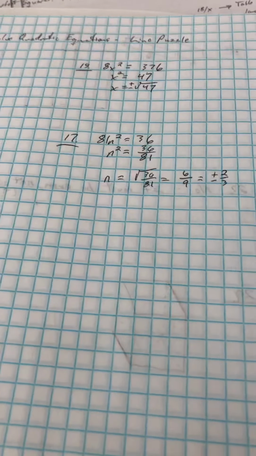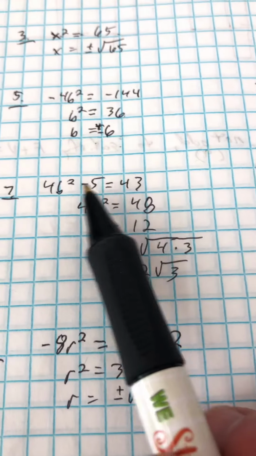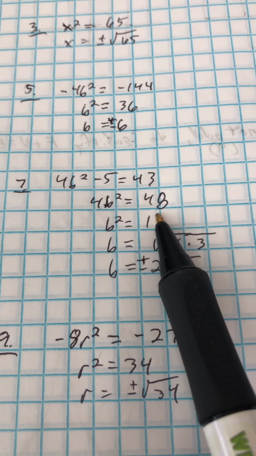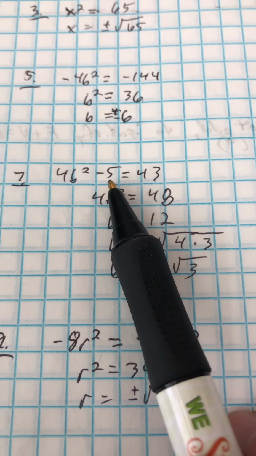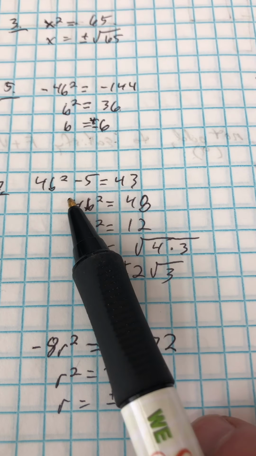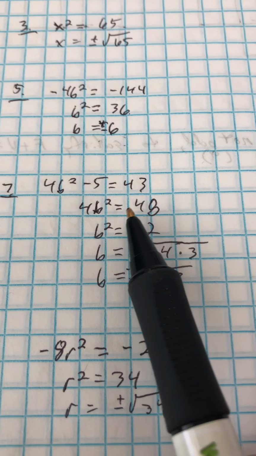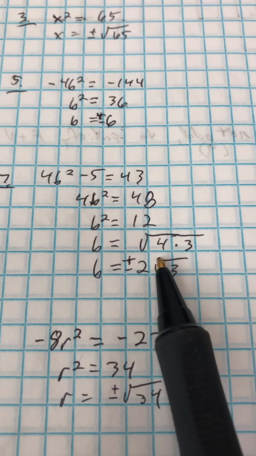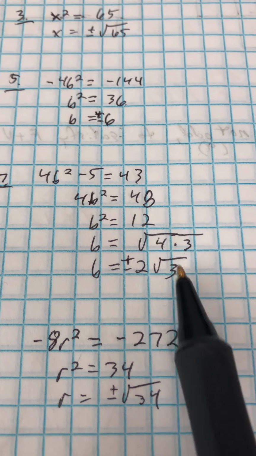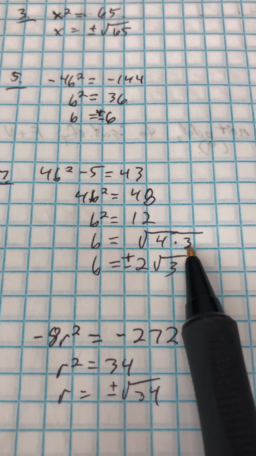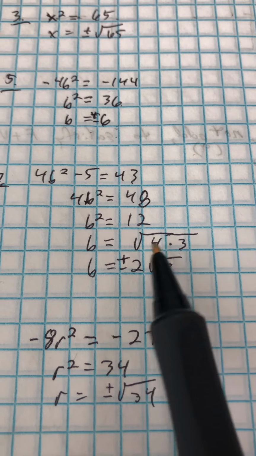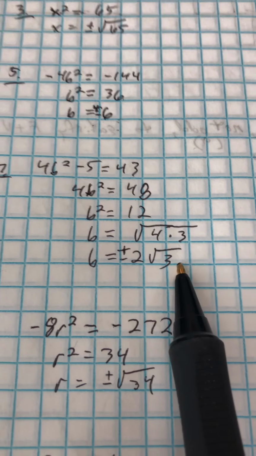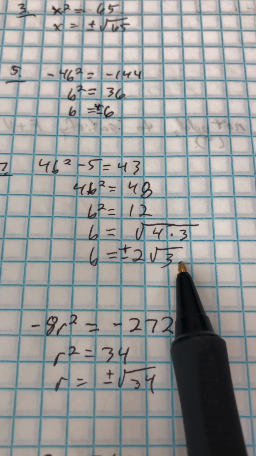Okay, for 7, I have to add 5 to both sides because this is minus 5. And then, not square root yet, I'm going to divide both sides by 4. The square root of 12 could be the square root of 4 times 3. I can bring out the 4, the square root of 4 is 2, and 3 is still under the square root.